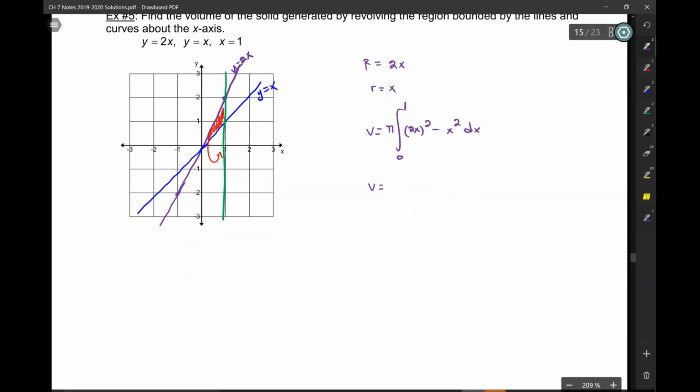And so this is going to be pi times 4 over 3 x cubed minus x cubed over 3 from 0 to 1. That all goes to 1, so it's just pi.